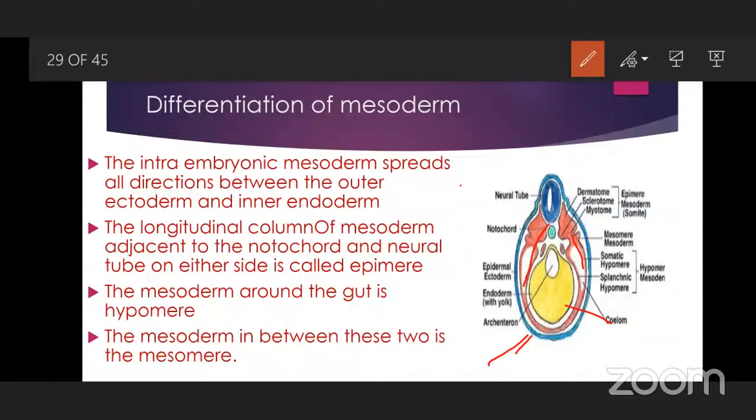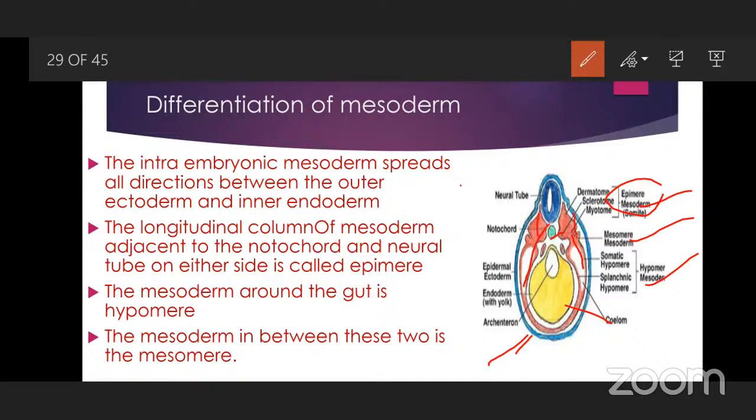Now, the mesoderm gives rise to certain structures in our body. At the early embryonic stage, the mesoderm is classified into epimere, mesomere, and hypomere, which we have learned in the previous sessions. The location of the epimere is near the notochord, on the sides of the notochord, along its longitudinal axis.